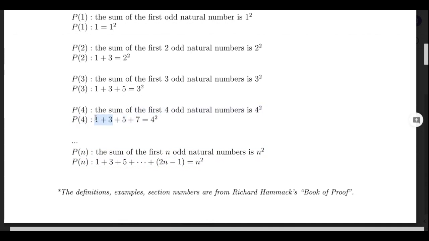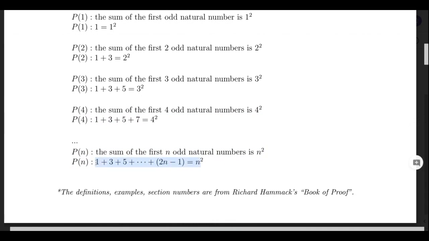You see 3 is 2 times 2 minus 1. 5 is 2 times 3 minus 1. 7 is 2 times 4 minus 1. So the next one would be 2 times 5 minus 1, which is 9. And the next one would be 2 times 6 minus 1, which is 11, and so on and so forth. So the nth odd natural number is 2n minus 1.